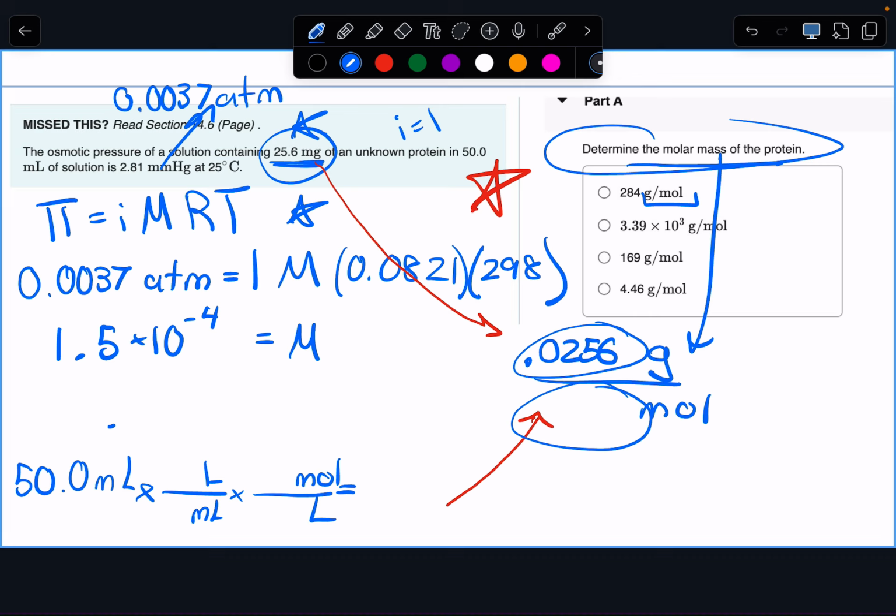And then the moles, it tells you it's a 50 milliliter solution. Well, if you know the molarity and you know the volume, you know the number of moles then. You just have to plug it in. Okay, and then that will go on the bottom, and then you divide one by the other.